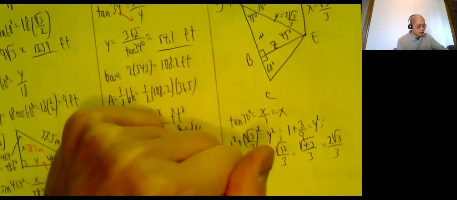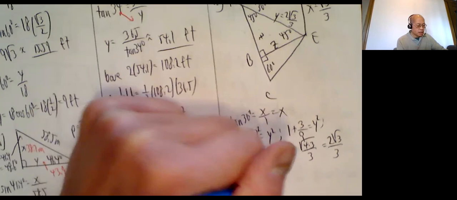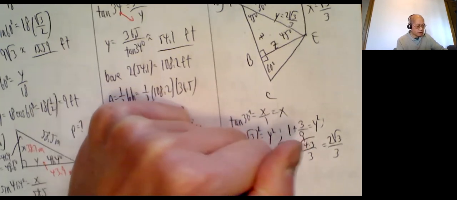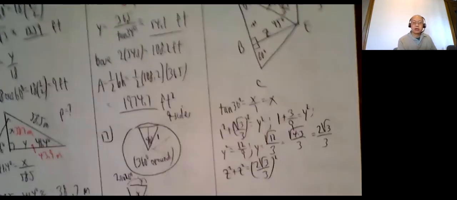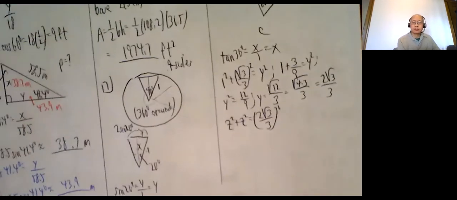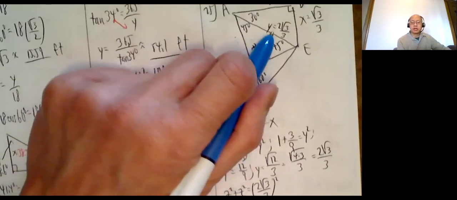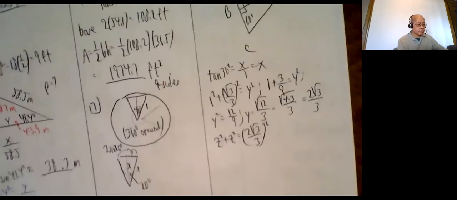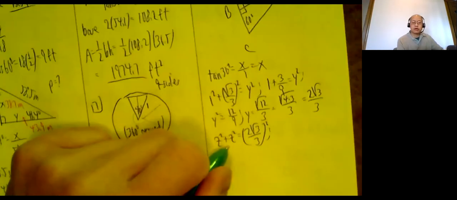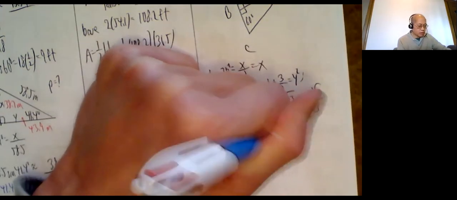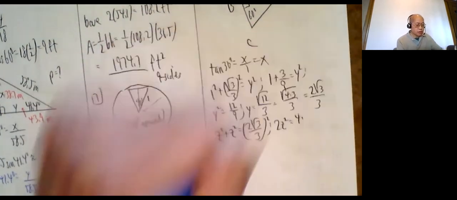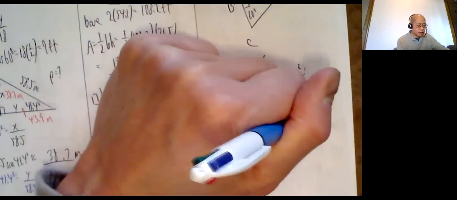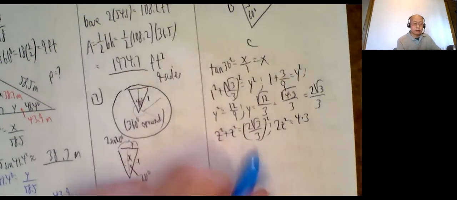Well, how about I'll go Z squared plus Z squared equals 2 radical 3 over 3 squared. Okay. A squared plus B squared equals C squared. That's the hypotenuse. Z squared plus Z squared is 2Z squared. I square these. 2 squared is 4. Radical 3 squared is 3. 3 squared is 9.